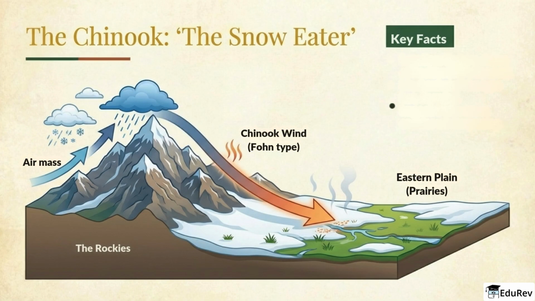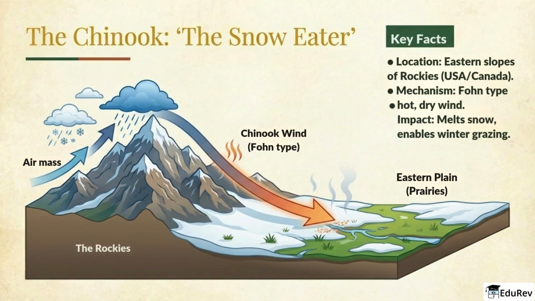Now, one important local wind, the Chinook, often called the snow eater. This wind blows along the eastern slopes of the Rockies in the USA and Canada. It is a foehn-type hot, dry wind. The mechanism is simple.